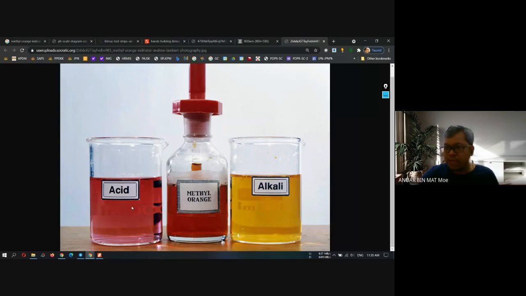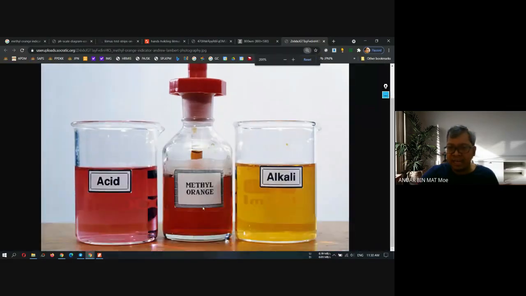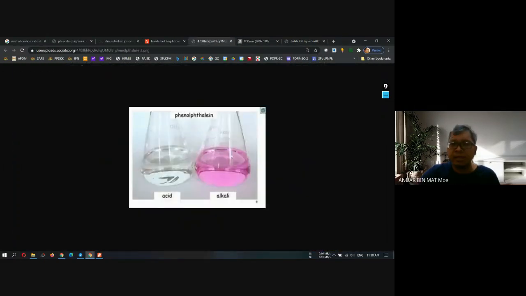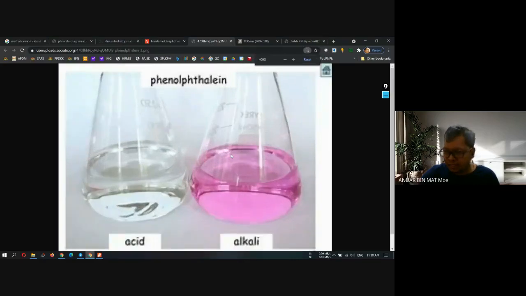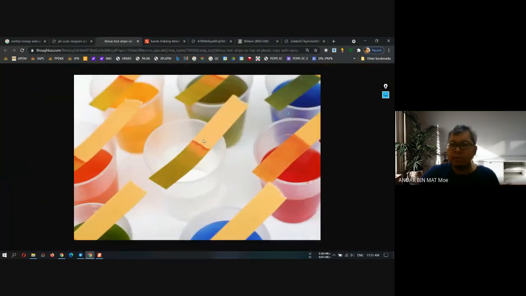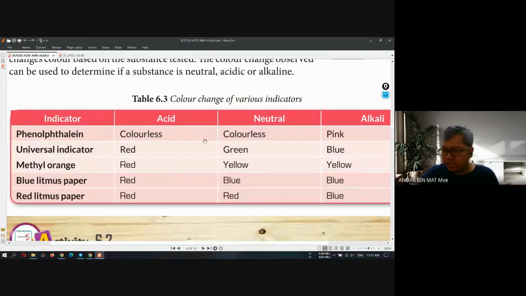Okay, this is universal indicator. This is phenolphthalein indicator. And this is pH paper. And the last one is litmus paper.